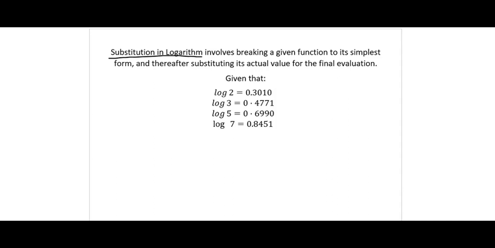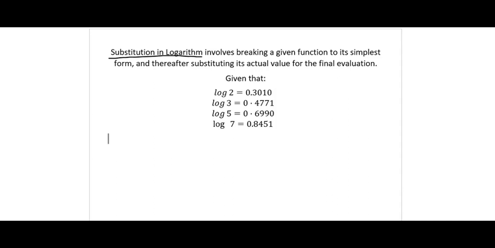When we talk about substitution in logarithm, we're talking about expressions in logarithm that involve breaking a given function to its simplest form, and thereafter substituting its actual values for final evaluation. So there are such logarithmic expressions that involve substituting their values to get the final evaluation.